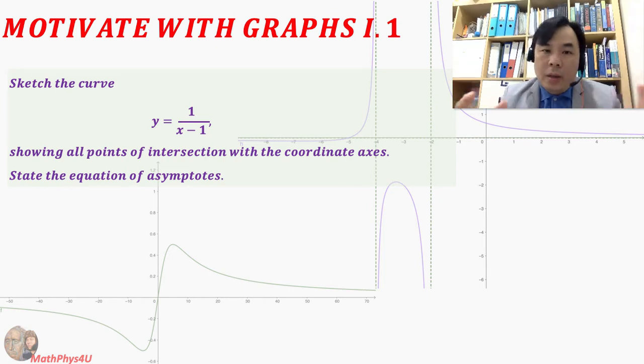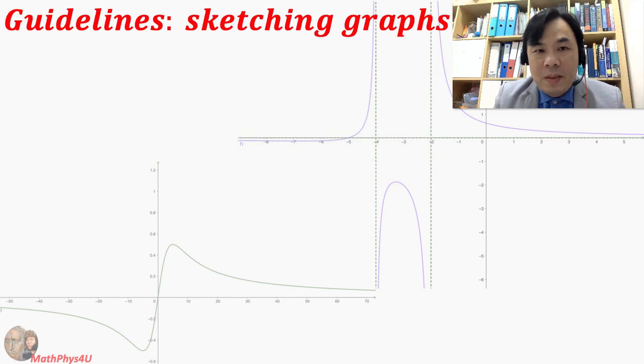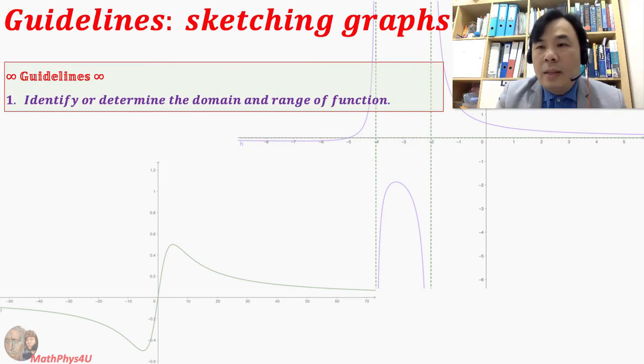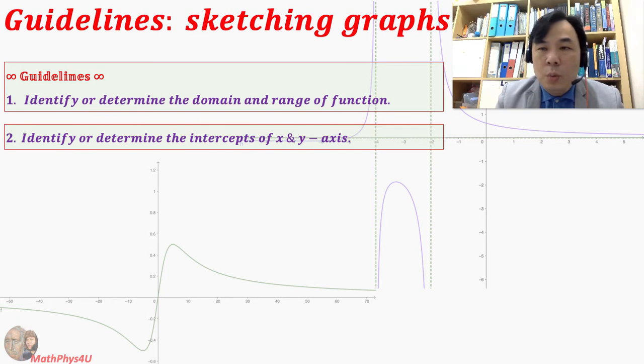All right. Now again, I would like to remind you of the guidelines that we're going to use. So number one, identify and determine any domain and range if possible in this case. And then number two, identify or determine the intercepts of the x and y axes.